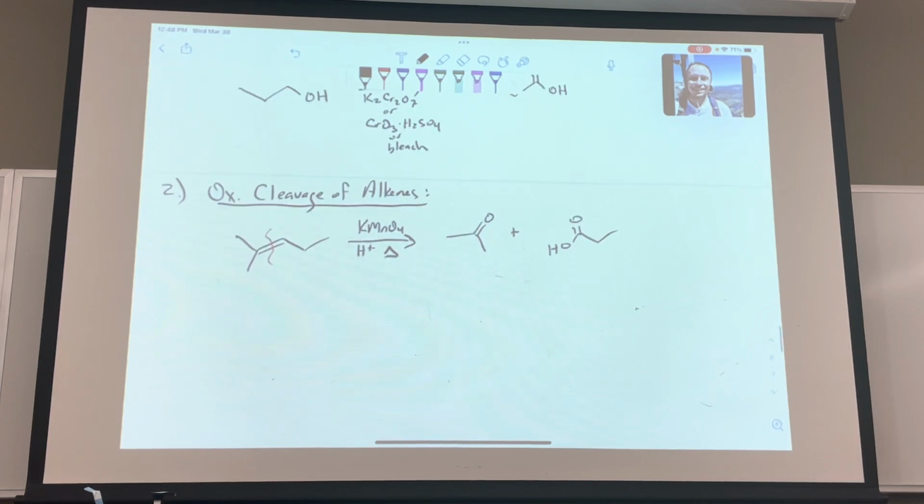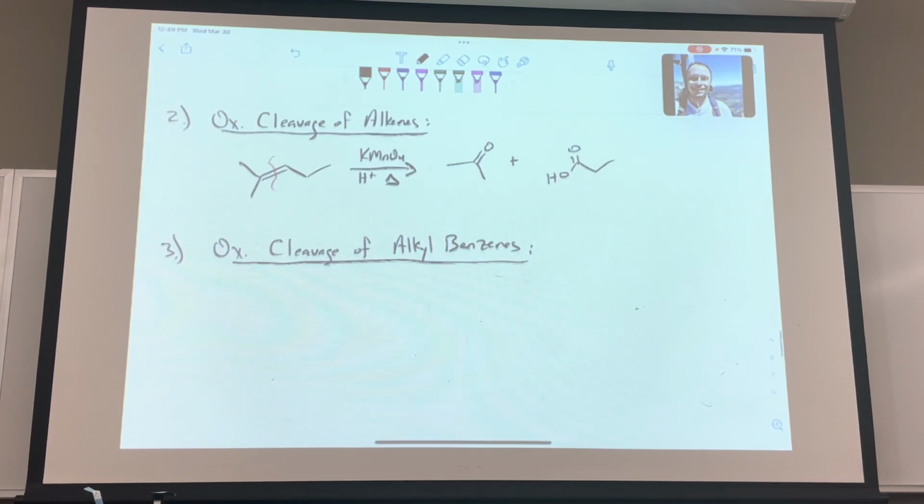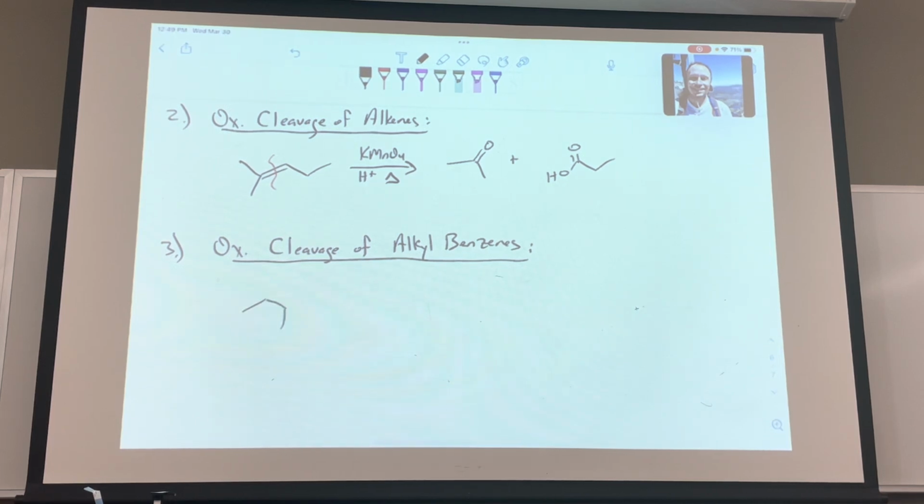This one is a little bit limited. But we talked about this whenever we were looking at the benzene chemistry. We can take an alkyl benzene and treat it with permanganate.